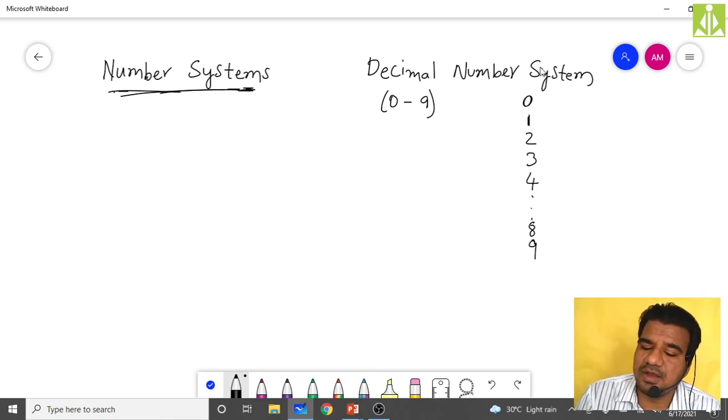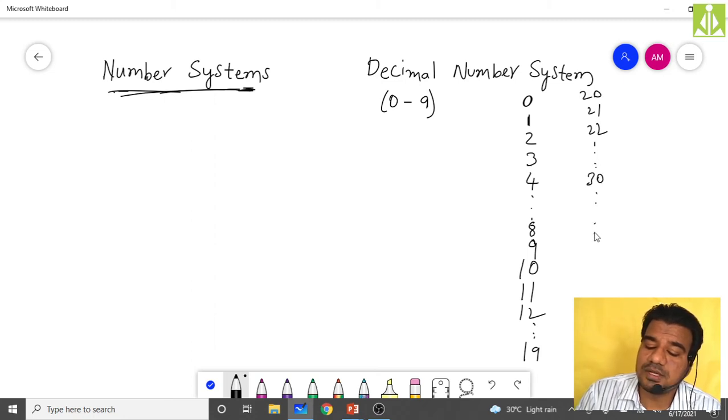So to represent 10, we make 1 0, then 1 1, 1 2, likewise up to 1 9, then 2 0, 2 1, 2 2, likewise up to 3 0, likewise up to 9 9. 99 as count, we represent 9 9. To show 100, is it possible to show 100 using only 2 places?